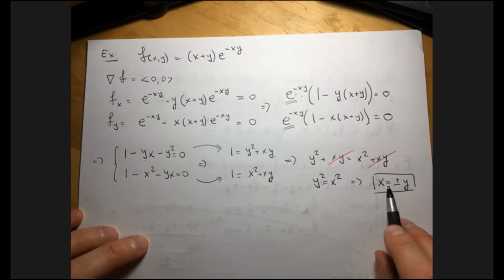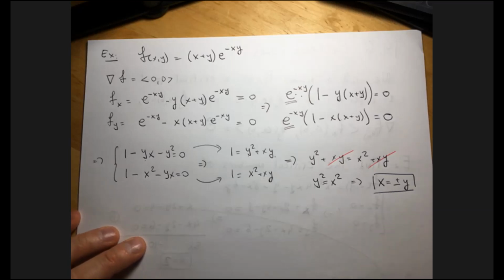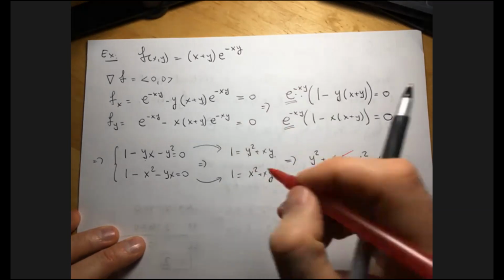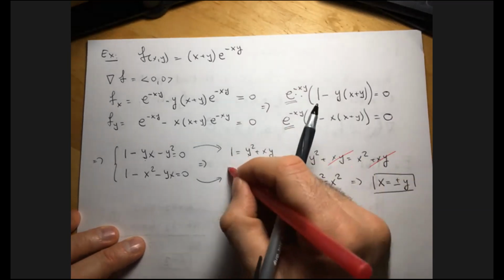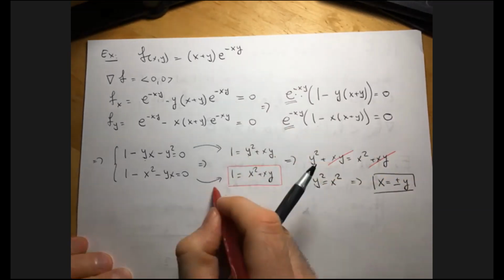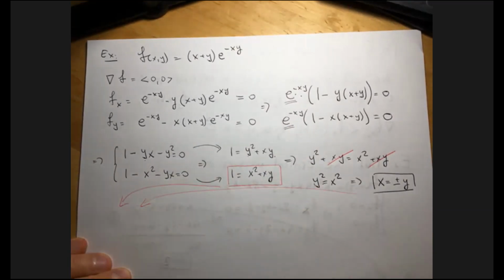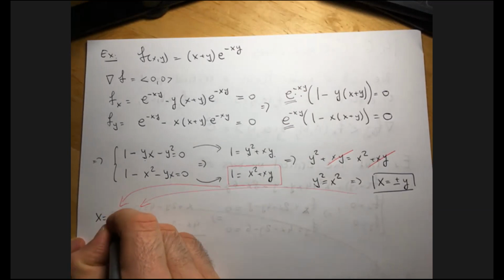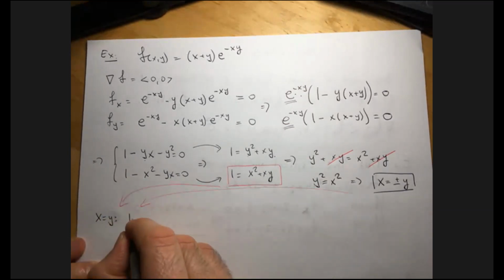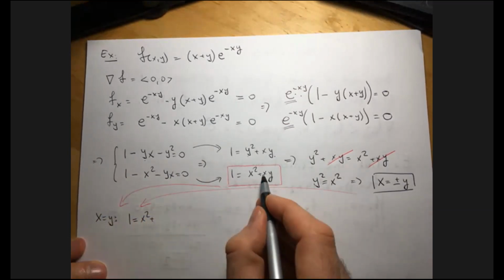Okay? So at this point, I just have a relation between x and y. I don't have a constant value for either x or y, but I can come back here and, taking that x is equal to y, this equation becomes 1 is equal to x squared plus x times x.